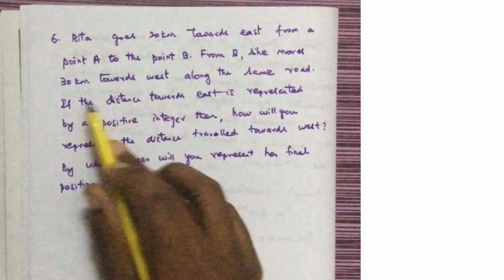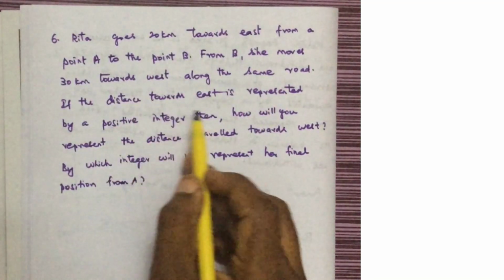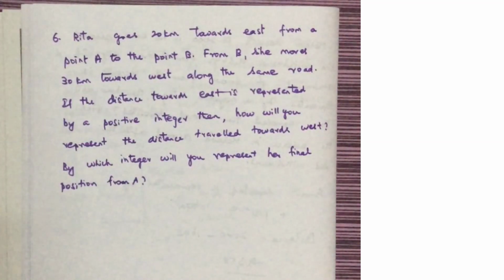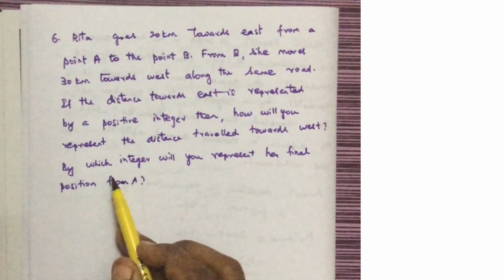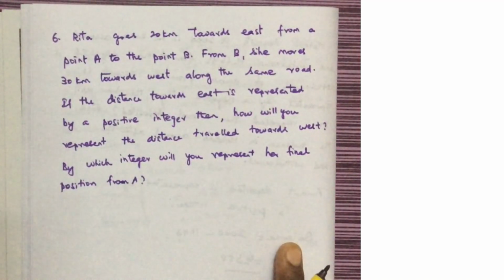From B, she moves 30 km towards west along the same road. If the distance towards east is represented by a positive integer, then how will you represent the distance travelled towards west? By which integer will you represent her final position from A?